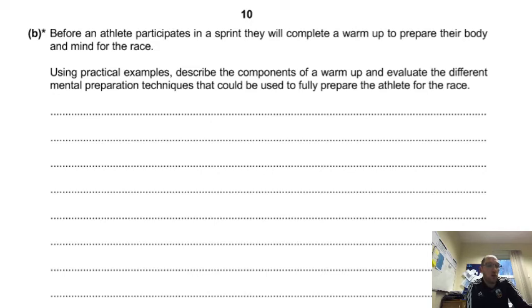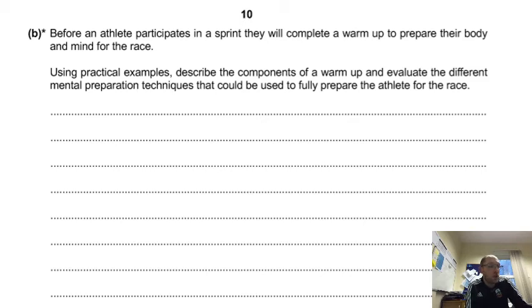A few higher ability candidates also evaluated the limitations of mental preparation techniques. Although this was not required to access the highest level of response, many responses included practical applications of other sports, particularly when giving examples for the skill rehearsal element of a warm-up.